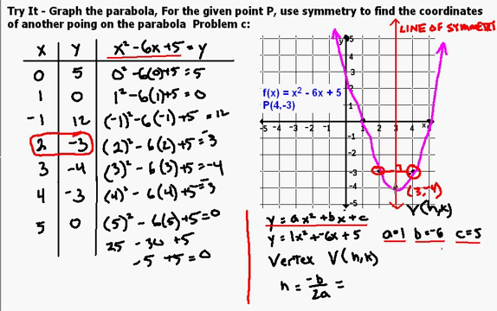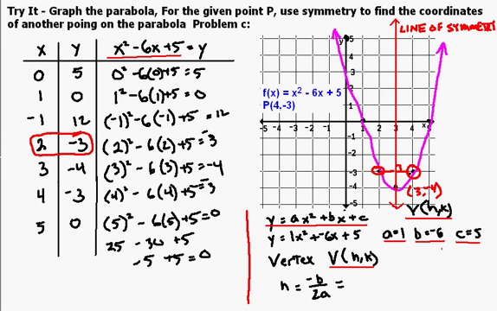Now, the vertex in general, and you'll see this in your book and in all other books, has coordinates of two variable names. They call it h and k. So we say vertexes have coordinates h, k, and the way to find h is you take these coefficients and relate them to each other. In this case, we have negative b over 2a.